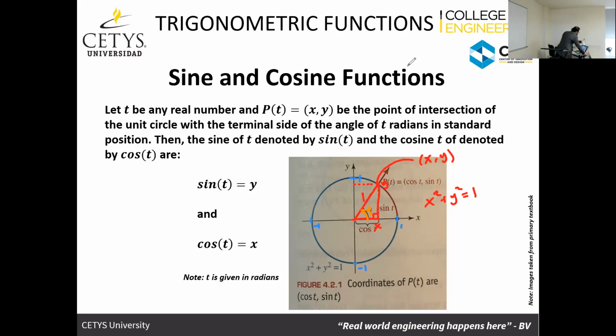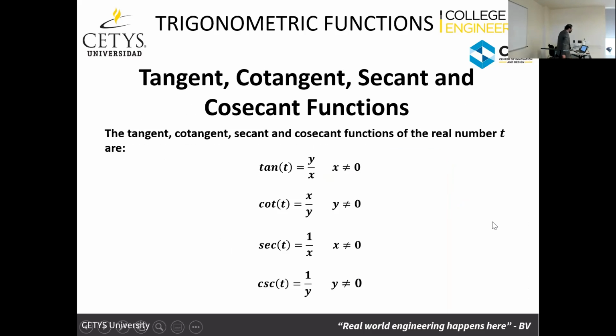That's the formal mathematical definition of the sine and cosine. And there are some variations here. The basic functions are sine and cosine.